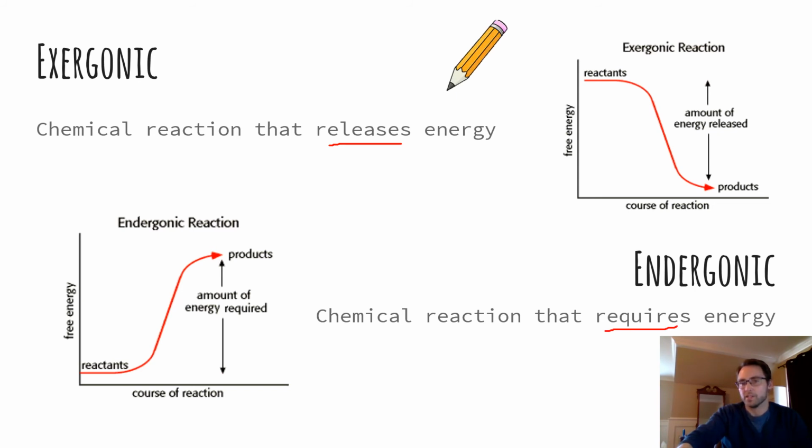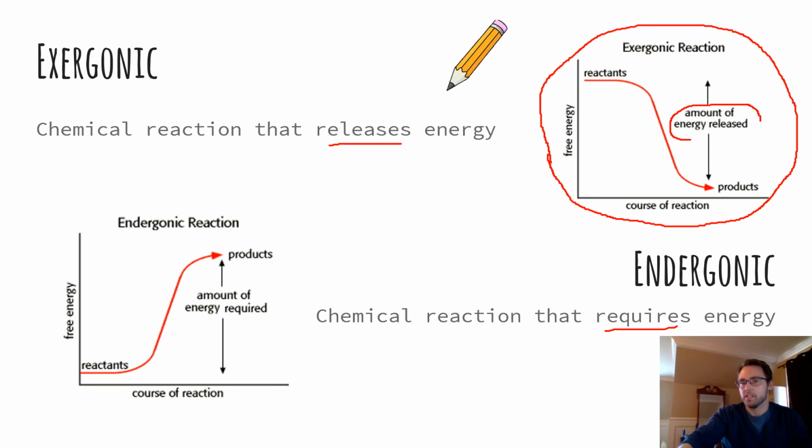In this diagram, this one's exergonic, where the reactants have more energy, they're higher up on that curve than the products. The amount of energy that gets released from an exergonic reaction is the difference in the energy from the reactants to the products. This is really similar to those exothermic and endothermic reactions that we just did in chemistry if you're also in the chemistry class.